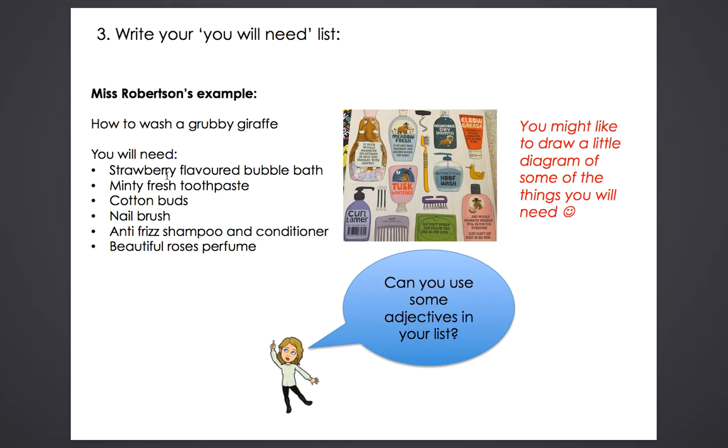Okay, so make a list of that on your page. Remember, this is a list, so it doesn't need to be a sentence. Okay, you might also like to draw a little diagram of some of the things that you might need. Okay, brilliant.